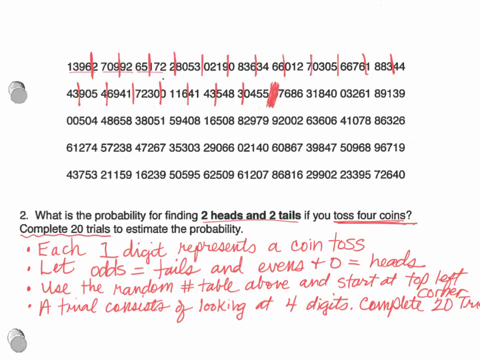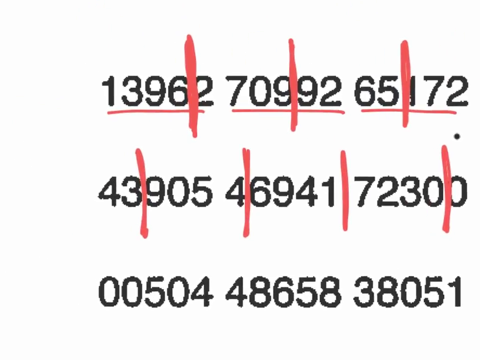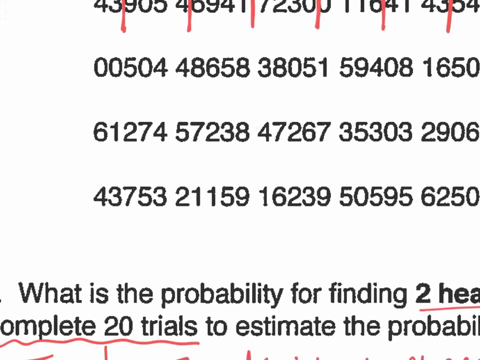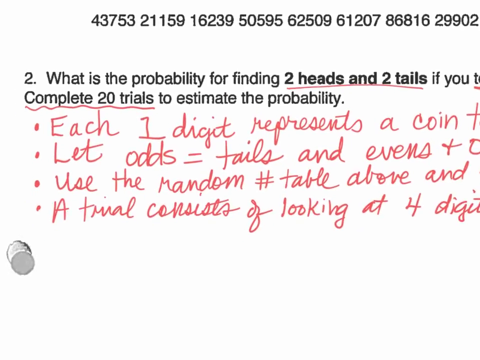All right, so what am I going to examine in each one of those trials? If I'm looking at this one little trial right here, what am I trying to figure out? Yeah, I want to look at how many heads and tails, so think odds and evens. So I got tails, tails, tails, heads, okay. So that one had tails, tails, tails, heads. So what is my response to this trial? That's a fail. This is a fail because what am I looking for here?